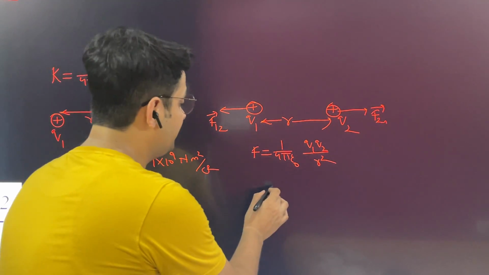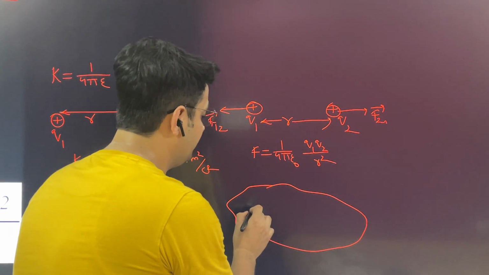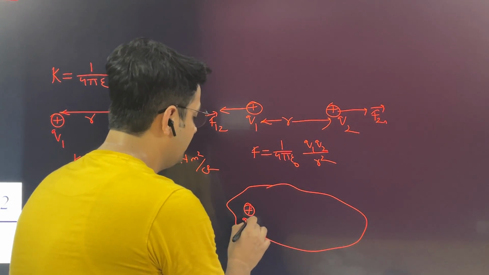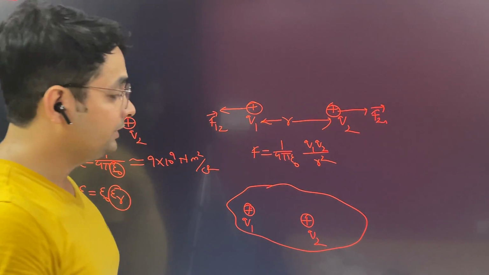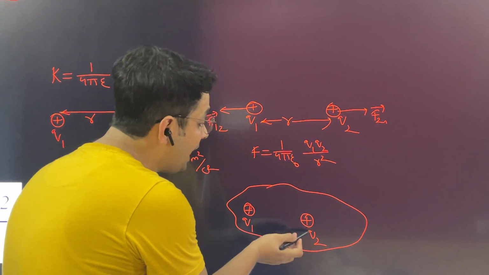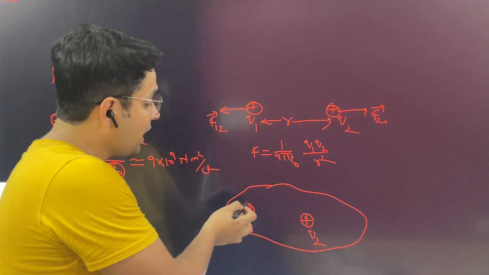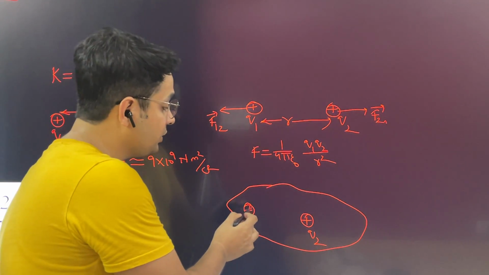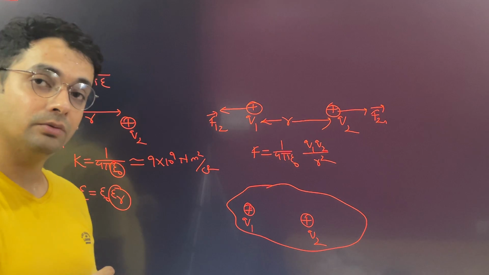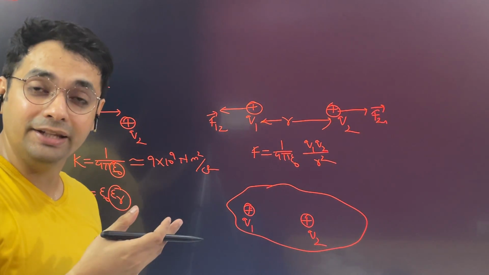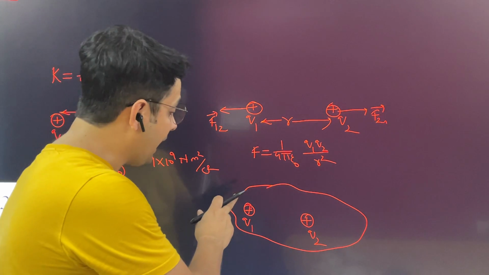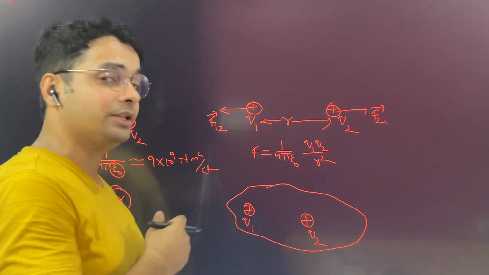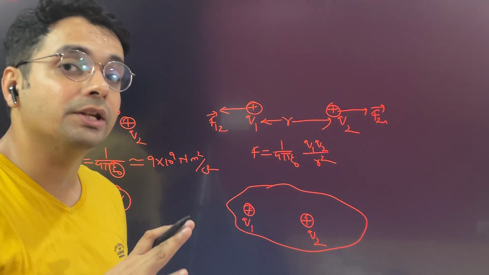But if you keep a certain medium, that means if these two charges are in some medium, then what will happen? Will the force applied on charge Q2 by charge Q1, or on charge Q1 by charge Q2, decrease or increase? Actually, the force acting on charge Q1 due to charge Q2 is not changing.